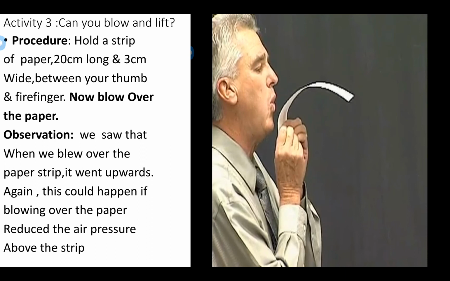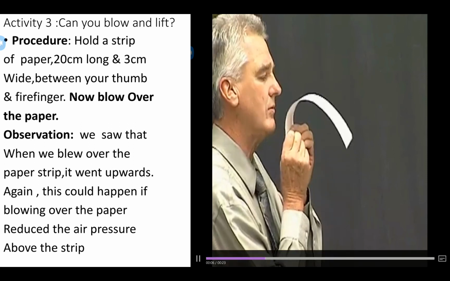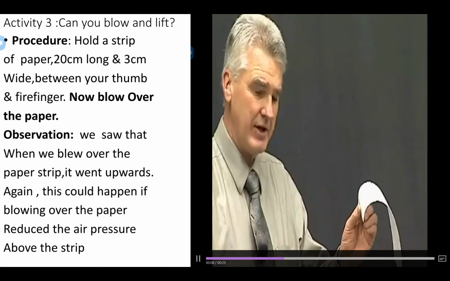See here, if we blow air over the paper, that blown air has reduced pressure. We already learned this from activities 1 and 2, the balloons and the crumpled paper. So the blown air has reduced air pressure, and the low speed atmospheric air below the strip lifts the paper strip.